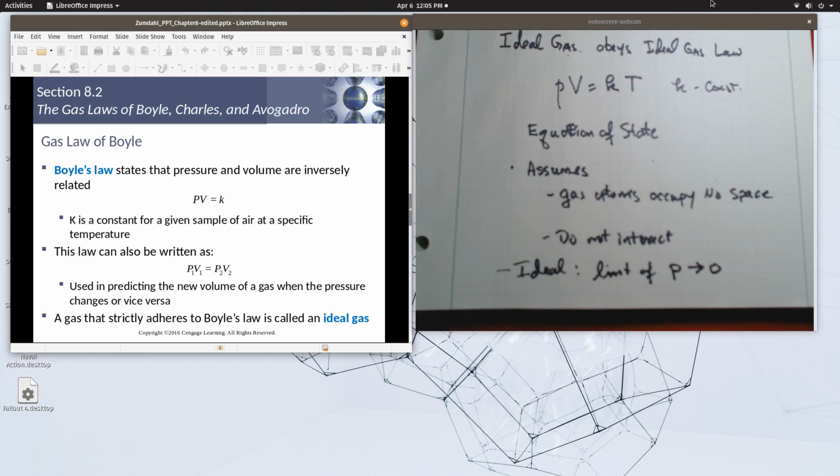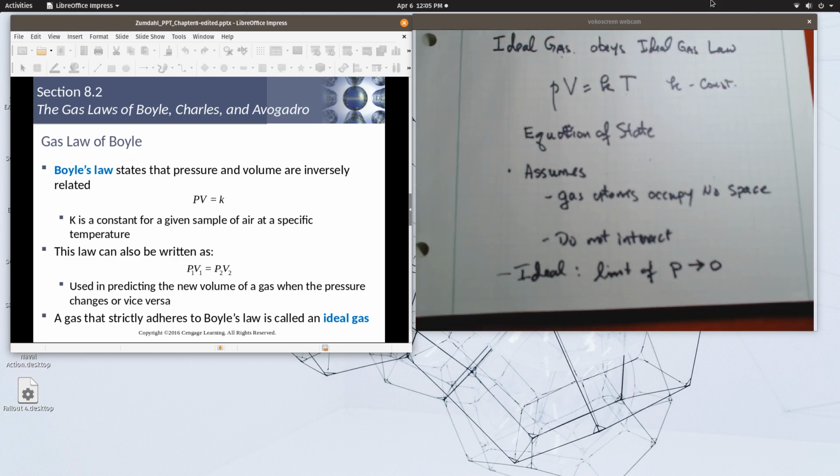And when the pressure goes to zero, I have essentially an infinite space between the atoms. They really don't interact with each other at all. And the fact that there's a volume of space doesn't matter.